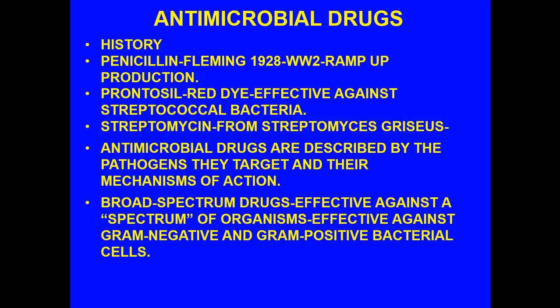There was a limit to how much you could apply to someone before they would get sick from the arsenic. But for the first time, they actually had a chemotherapeutic approach to syphilis.